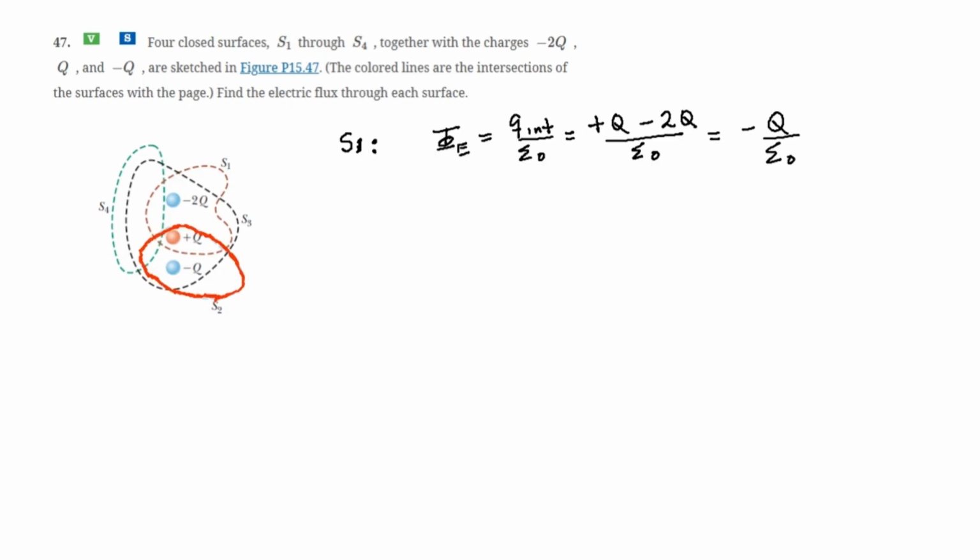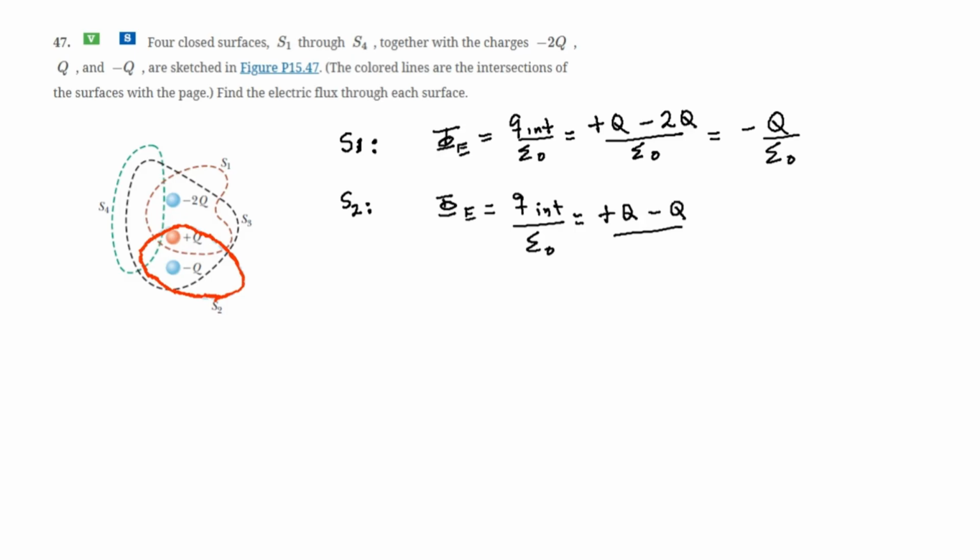So the electric flux through S sub 2 is also the Q interior, so the net charge inside the surface, divided by the permittivity of free space. Now, what charges do we have inside this surface? Plus Q, minus Q, divided by epsilon sub 0.